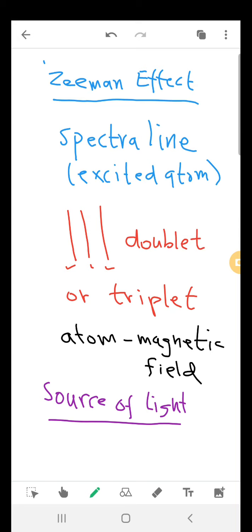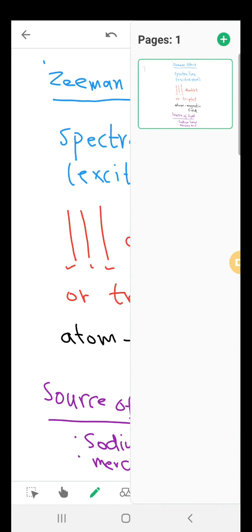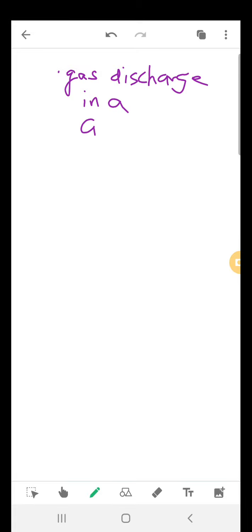That source of light can be a sodium lamp, or a mercury arc, or a gas discharge in a tube which is called a bi-slit tube.